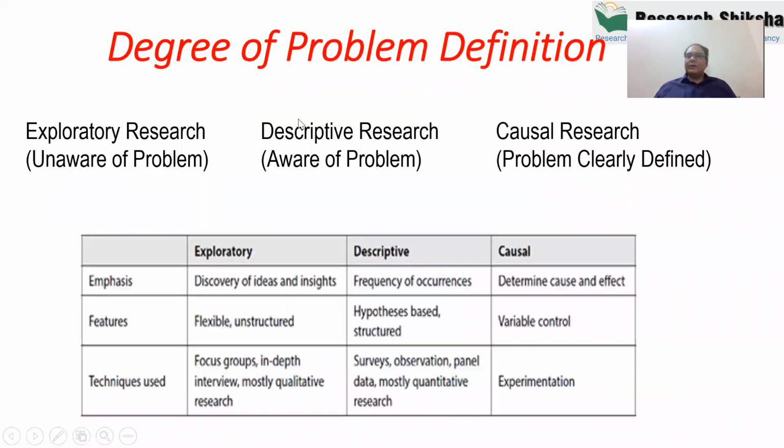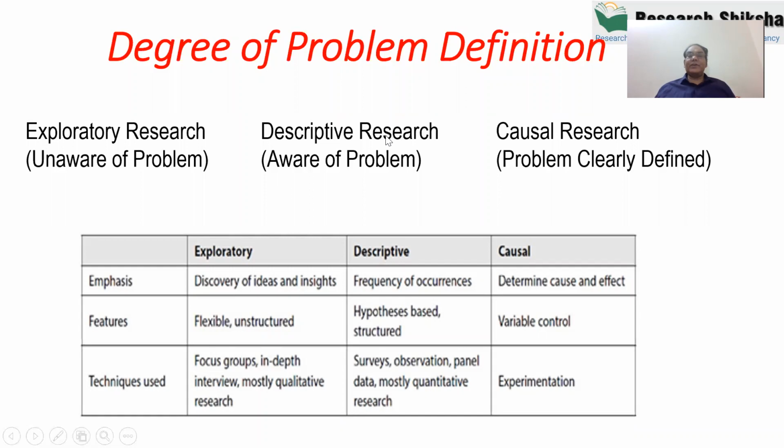Now, if you see the basic definition, in exploratory research, we are not aware of the problem. In descriptive research, we are aware of the problem. And in causal research, the problem is clearly defined and experimentation is done to test the hypothesis.